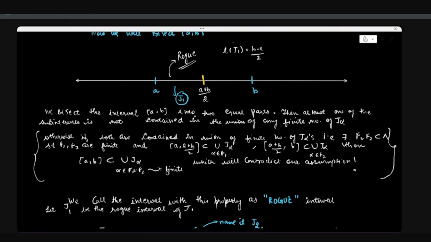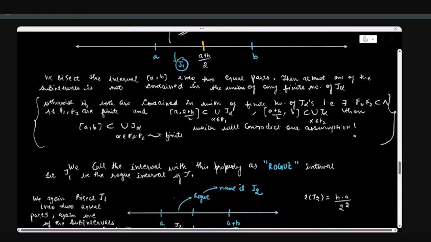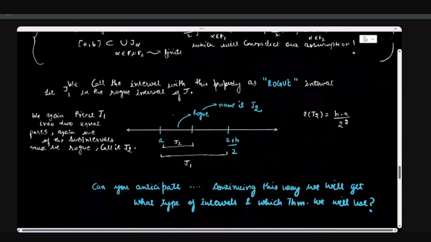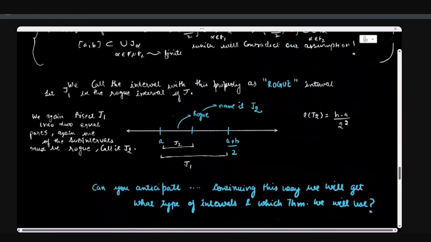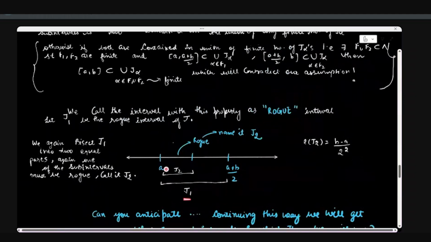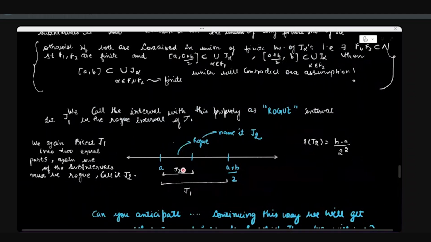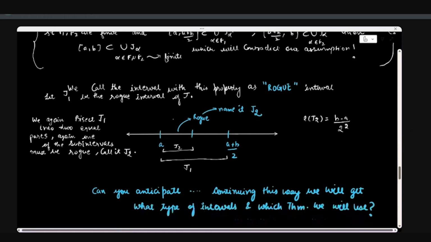Now we will again bisect J1 into two equal parts, and the interval possessing the property of not having a finite subcover is named J2, and it is again a rogue interval. Now we can inductively repeat the process.